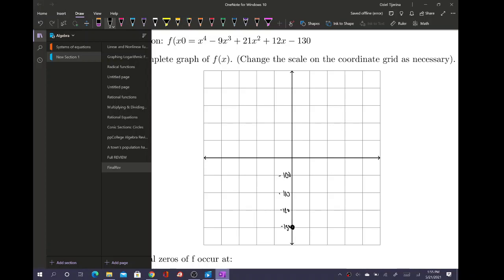I'm trying to think if I should do 1, 2, 3, and 4. This is really tricky, so give me a second.